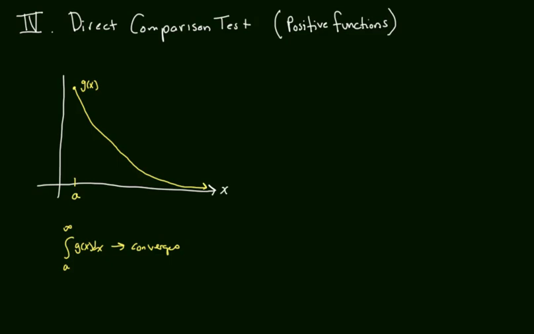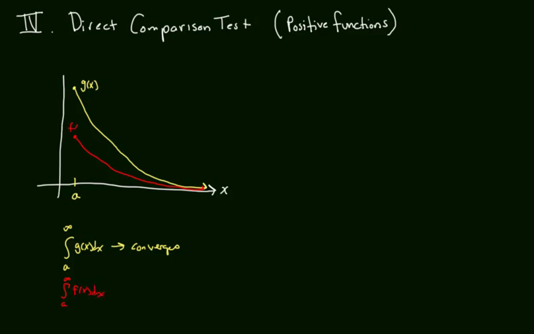Now I'm going to pick a different function. I'll draw this function in red, and suppose this is also a positive function, but it is always less than, or at least less than or equal to, g of x, and that can sneak in here. Can you guess what we would say of the integral from a to infinity of this red function f of x?